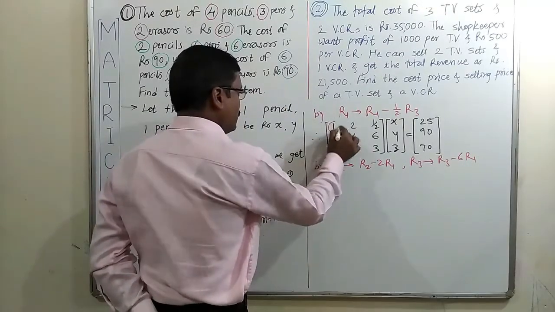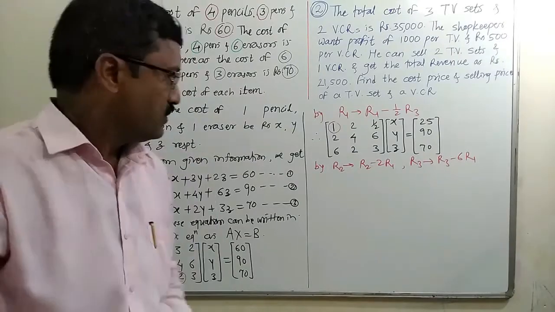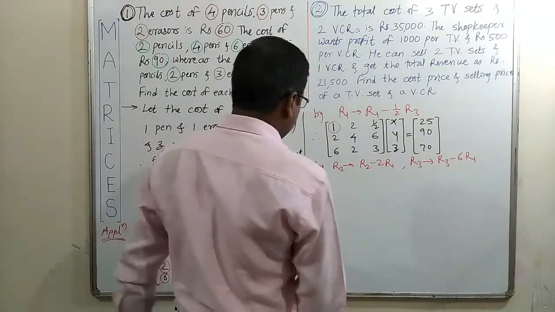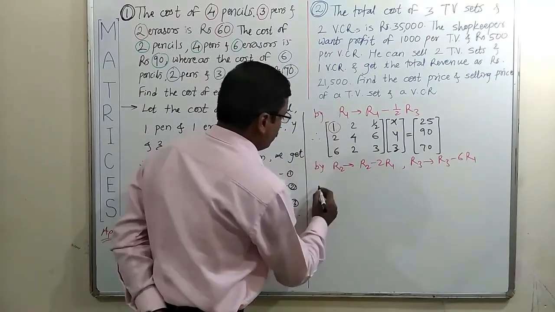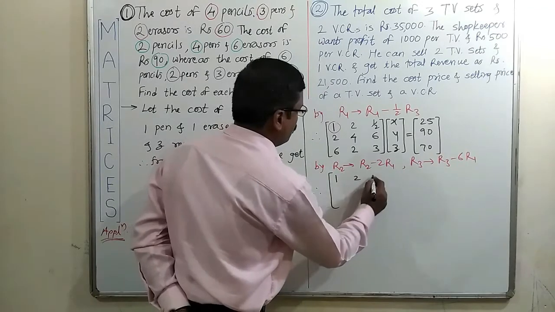If we get 1 here, then it will be easy to make these two elements 0. Therefore here we get 2 minus 2, that is 0. First row, no change in that first row, so 1, 2 and a half.